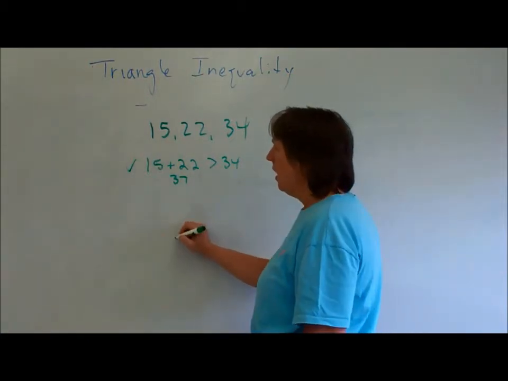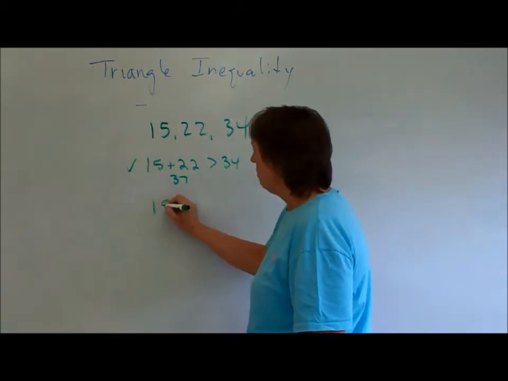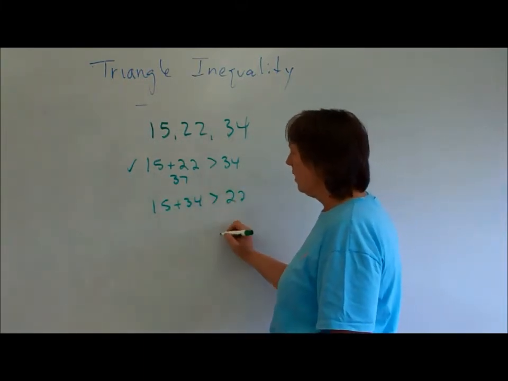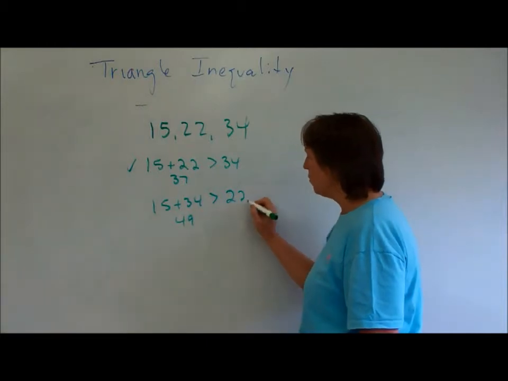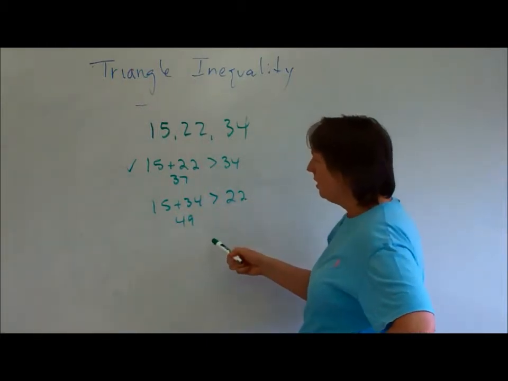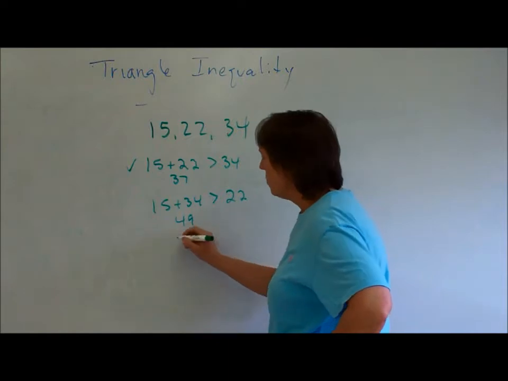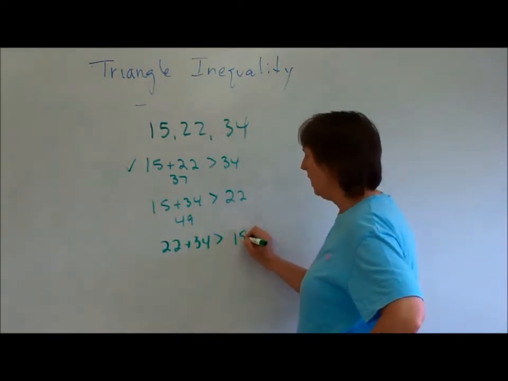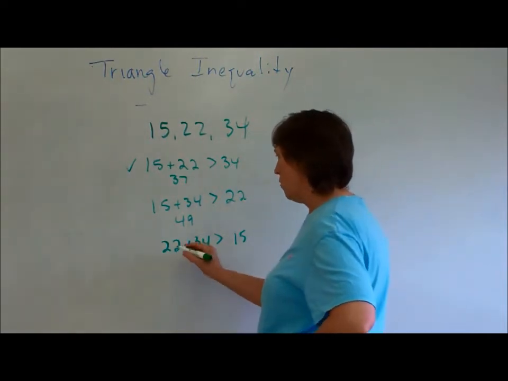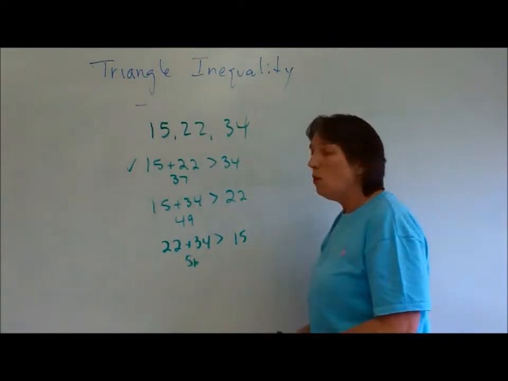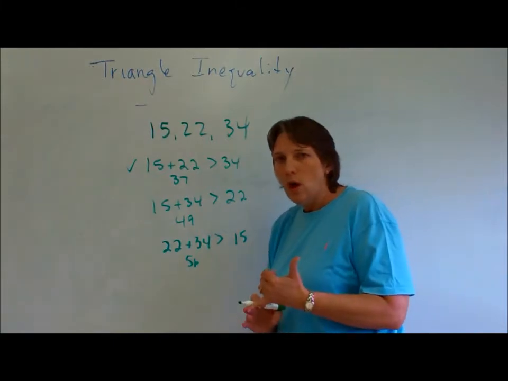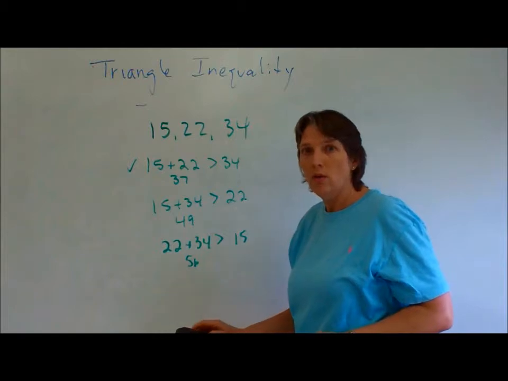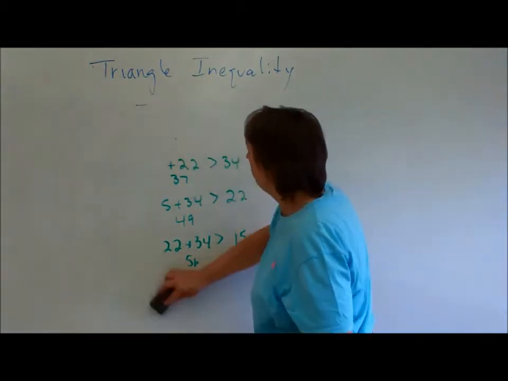Then 15 plus 34 is greater than 22. Yeah, 49 is greater than 22. Then 22 plus 34 is greater than 15. Obviously that's true, that's 56. So yes, these are the sides of a triangle. It fits the triangle inequality.